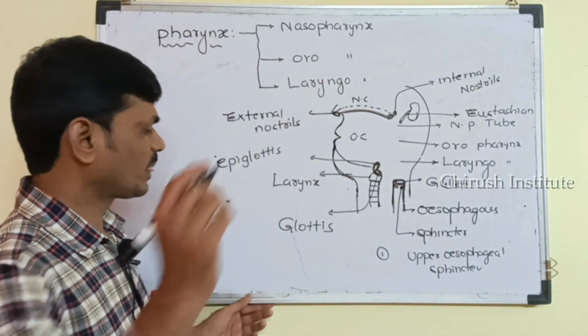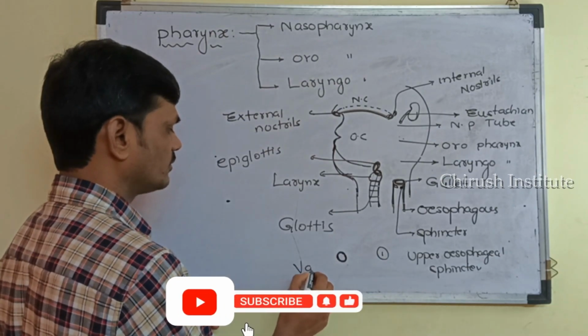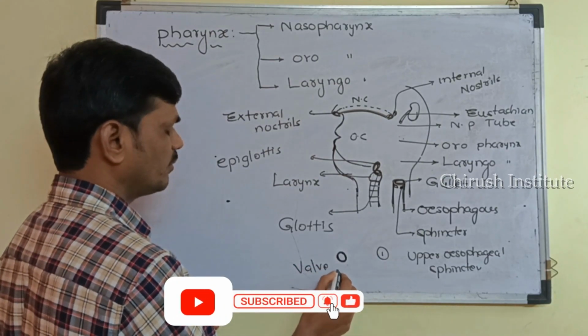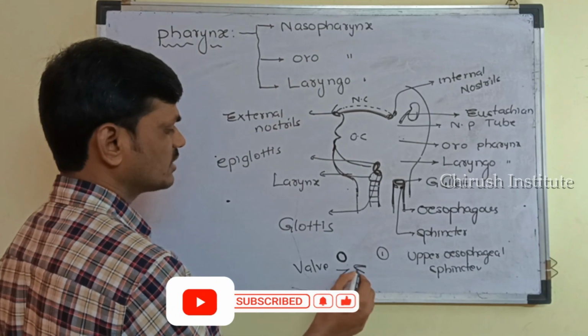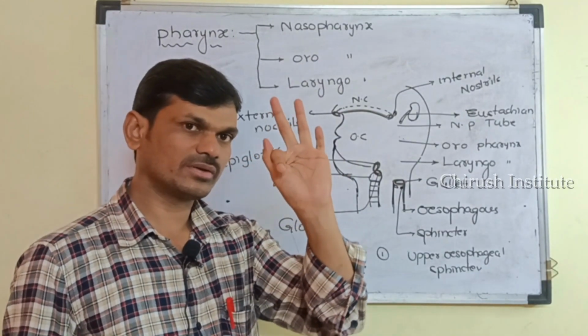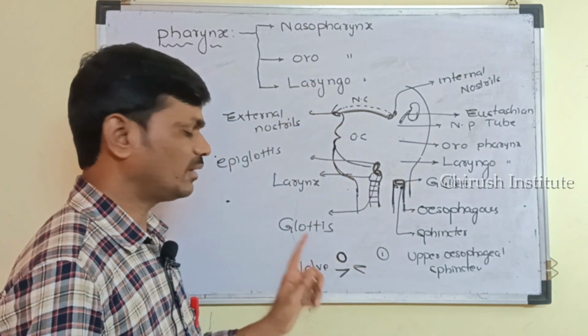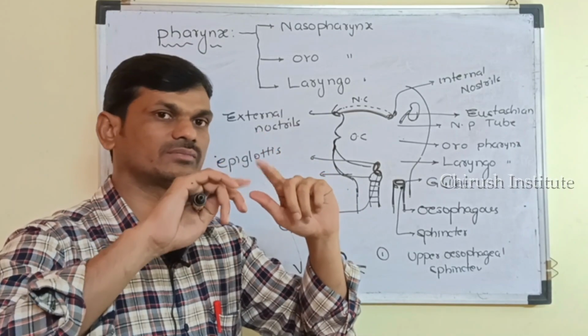Sphincter means a round structure, valve means a flap-like structure. This is the difference between a sphincter and a valve. A sphincter is a round structure that helps in closing and opening, and a valve is a flap-like structure.